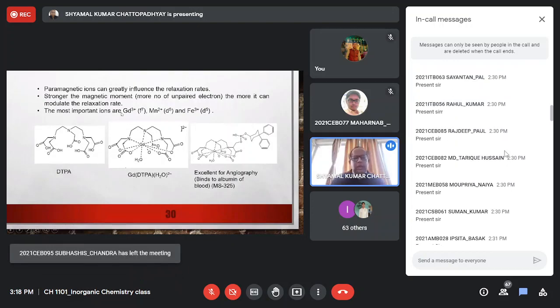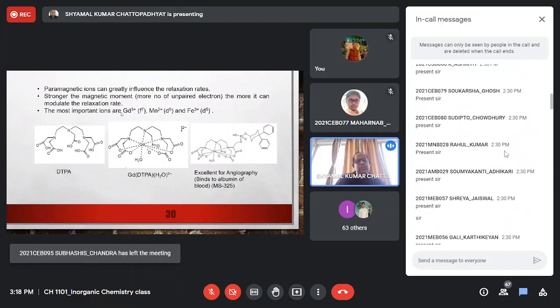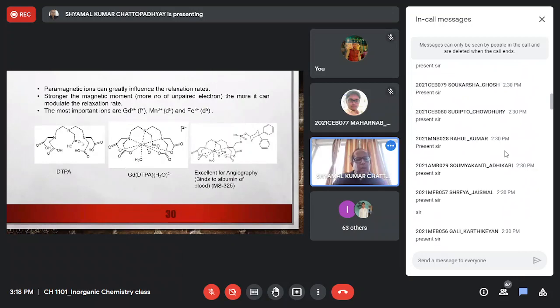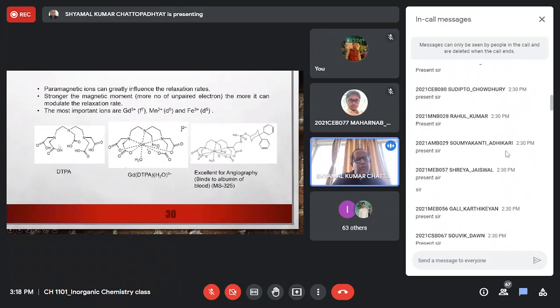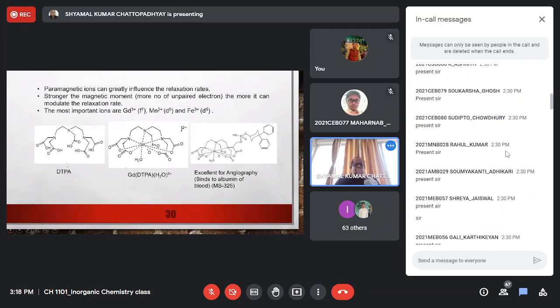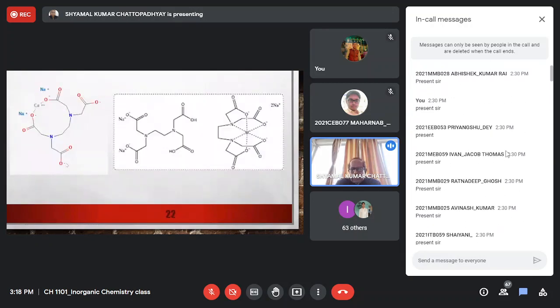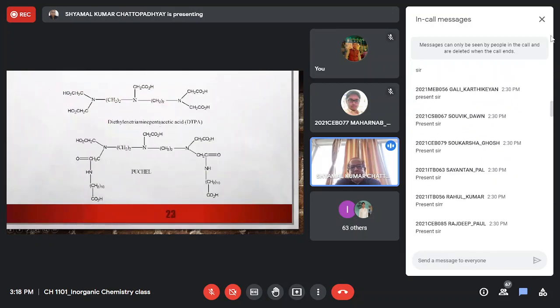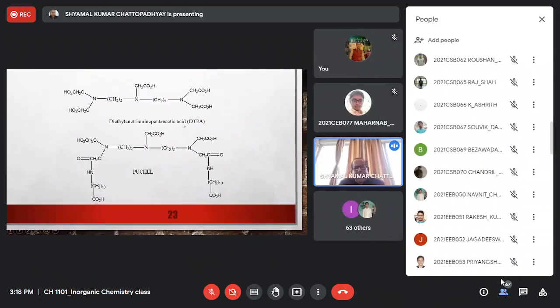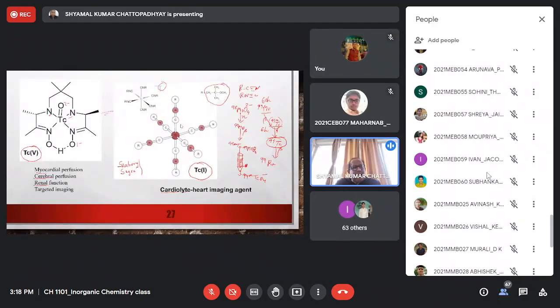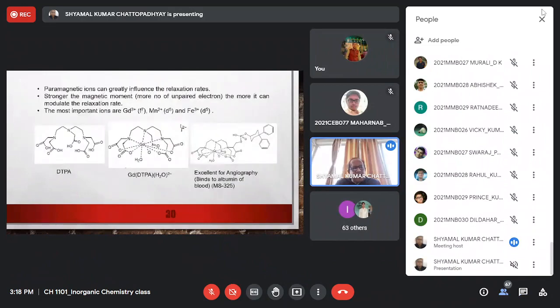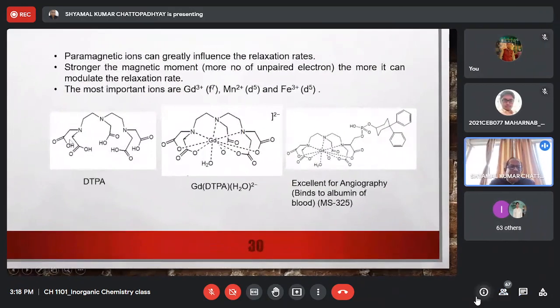Now, what are the ligands that are used for gadolinium? We have DTPA. You remember DTPA. We have already discussed it in our previous class, also here, plutonium. So diethylene triamine pentaacetic acid. So this is the ligand which can be used.